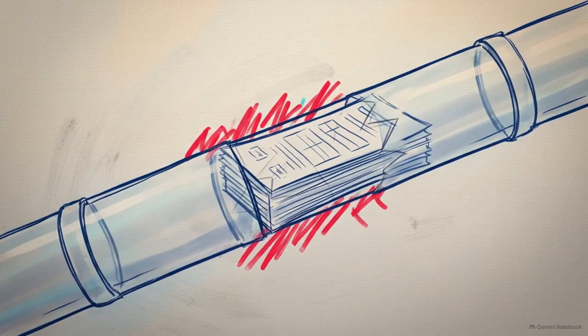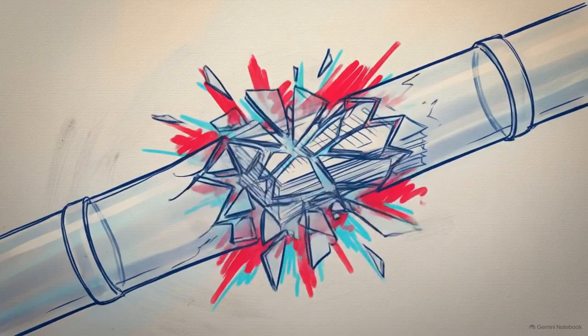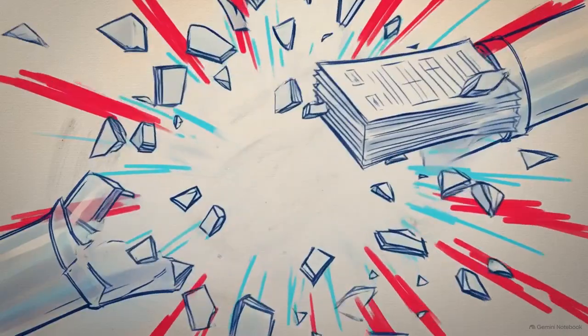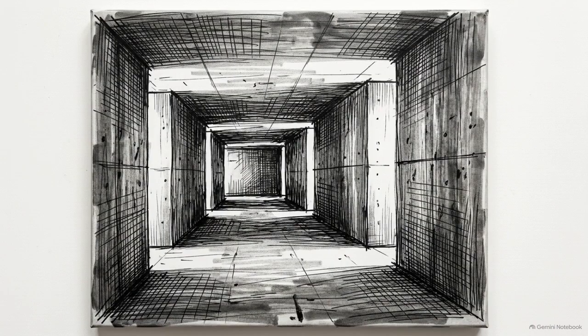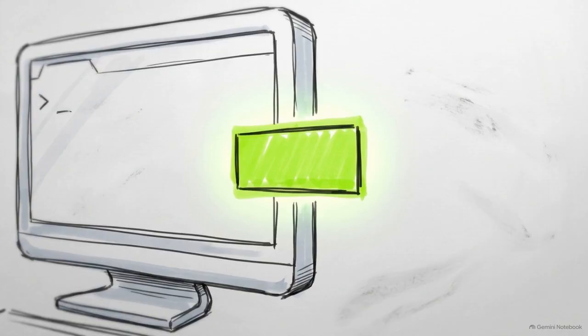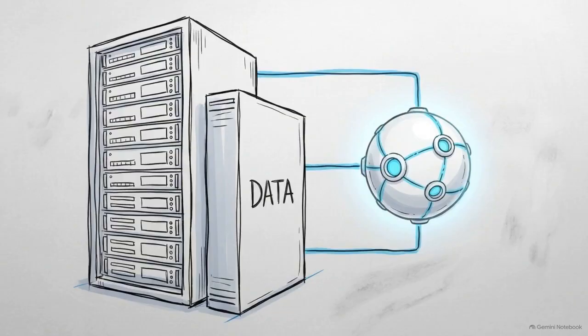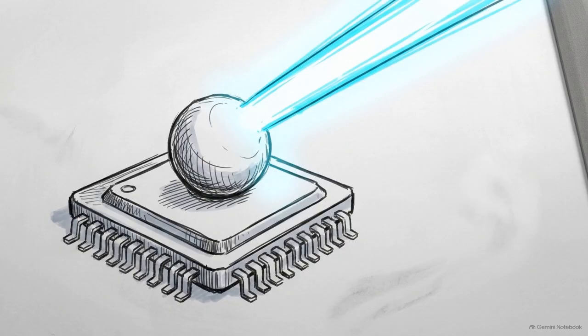If you attempt to force complex, highly structured enterprise documents through a traditional RAG pipeline, the entire system breaks. The standard architecture operates on a strict one-way street. The user queries, the database retrieves, and the LLM generates an answer.